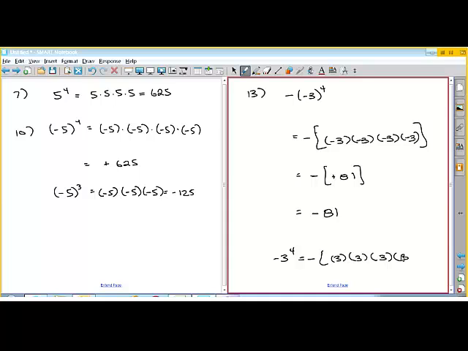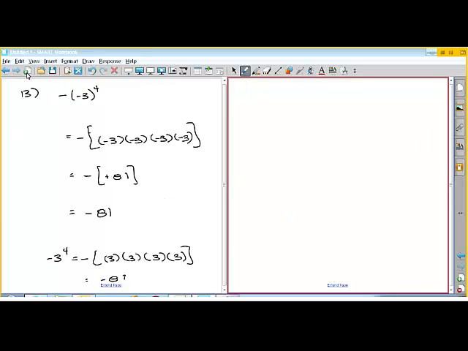So I take 3 to the 4th power, which is 81. And then I get negative 81. Whereas if I had negative 3 to the 4th in parentheses, then that's this part here. It's going to be positive 81.